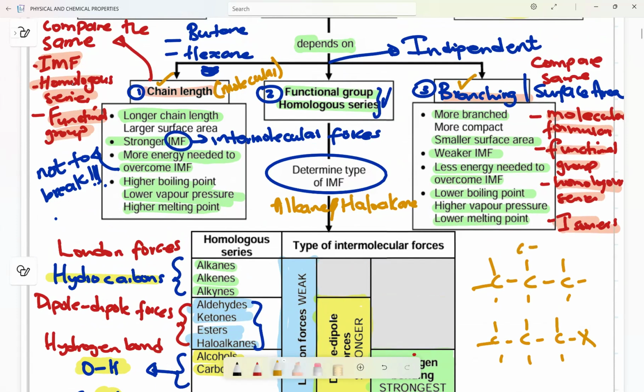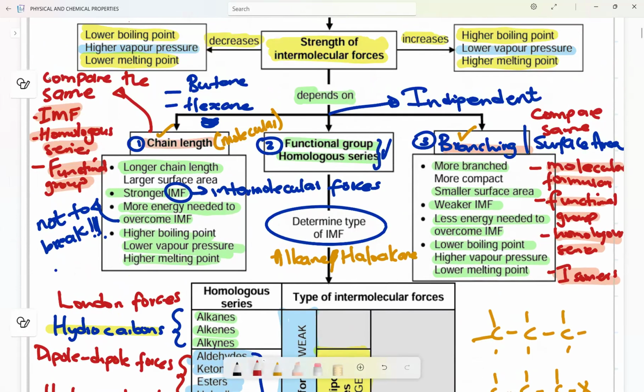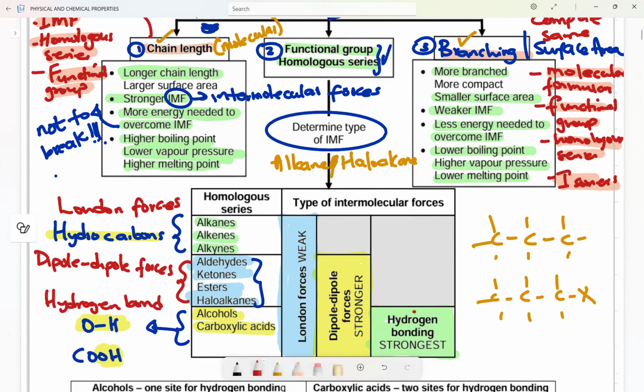Even if I had a branch here, I should also add a branch there, because if I do not, they are not of the same homologous series and have different branches. So it is an unfair comparison. I should remove this or add it there. Similarly, branching should occur within the same homologous series, same functional group and same molecular size. What will differ will be just branching.